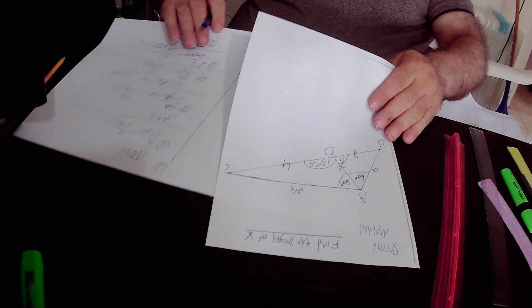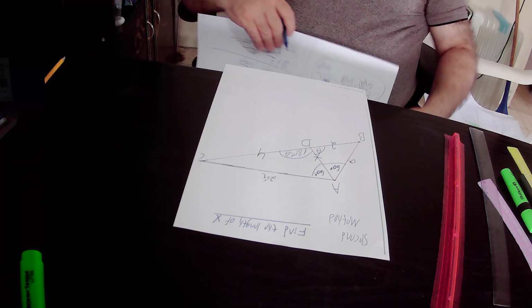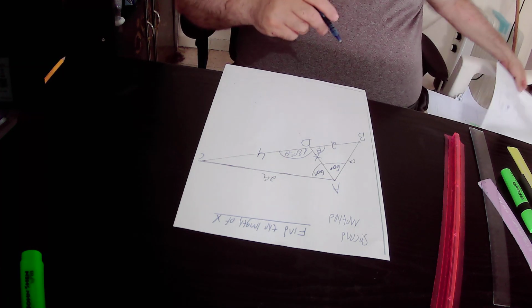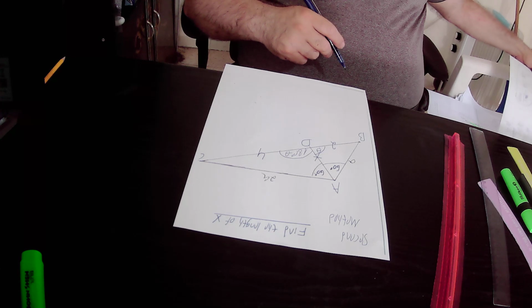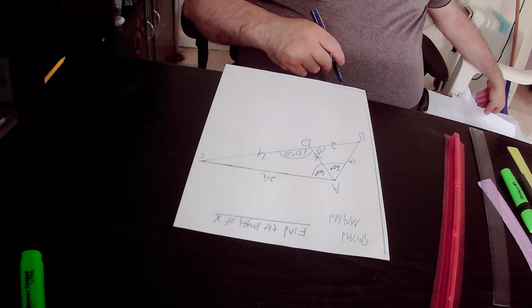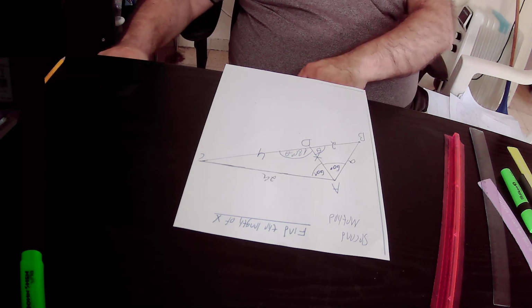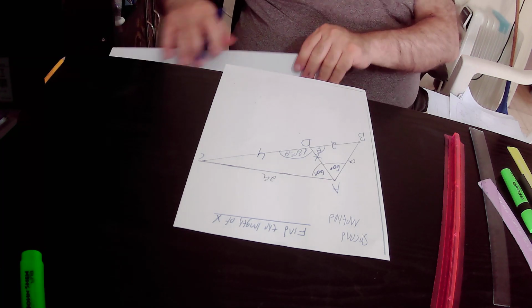In the next step, I will present to you the law of cosines, and we will implement the law of cosines in triangle ABC. Okay. So what is the law of cosines?